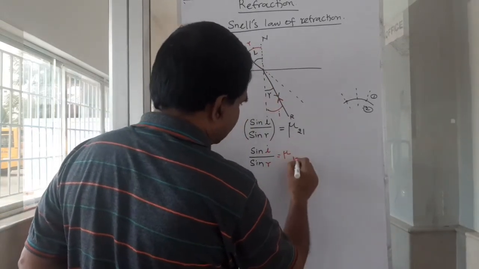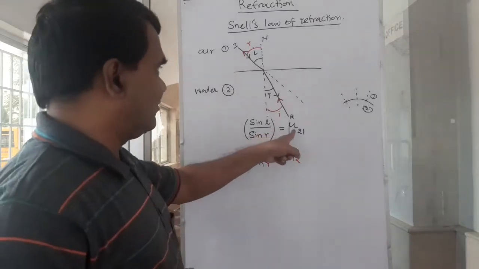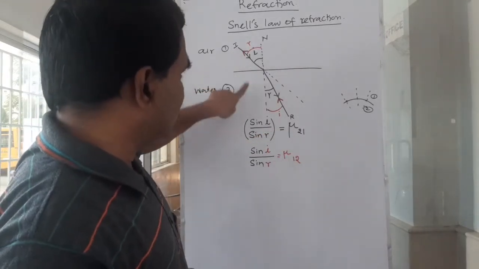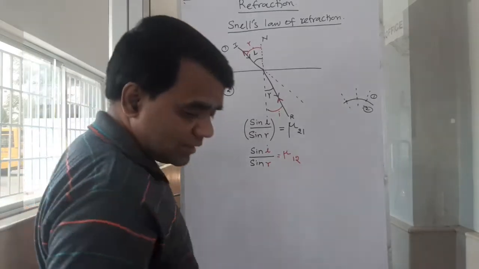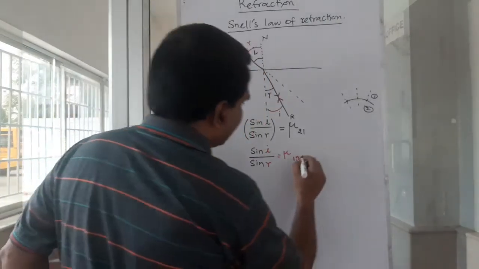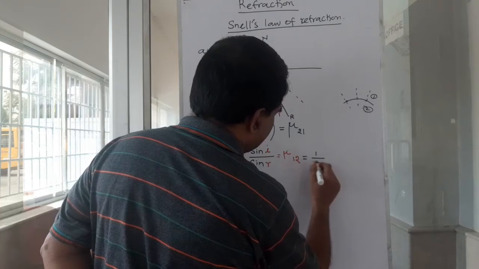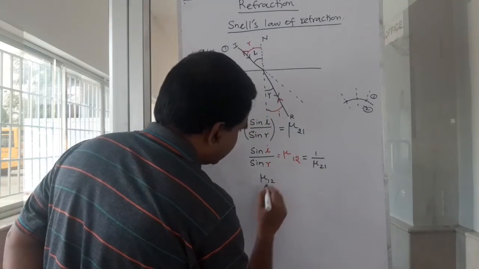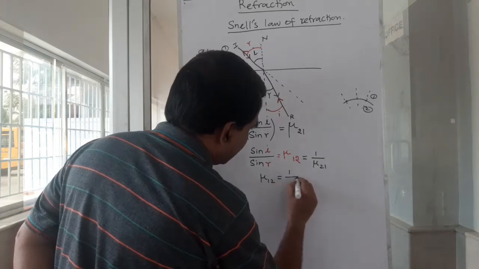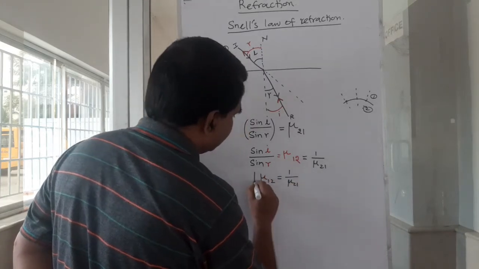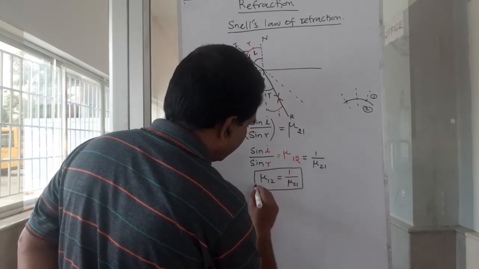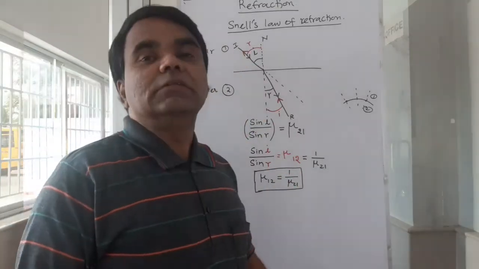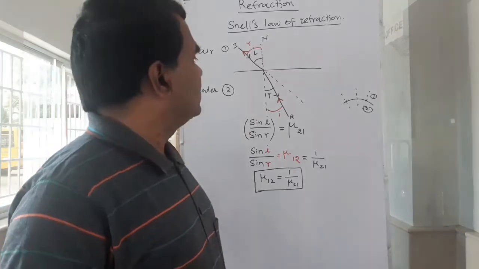This is the refractive index of 2 with respect to 1, and this one is the refractive index of 1 with respect to 2. So mu 1 2 is equal to 1 by mu 2 1. And it will retrace the path.